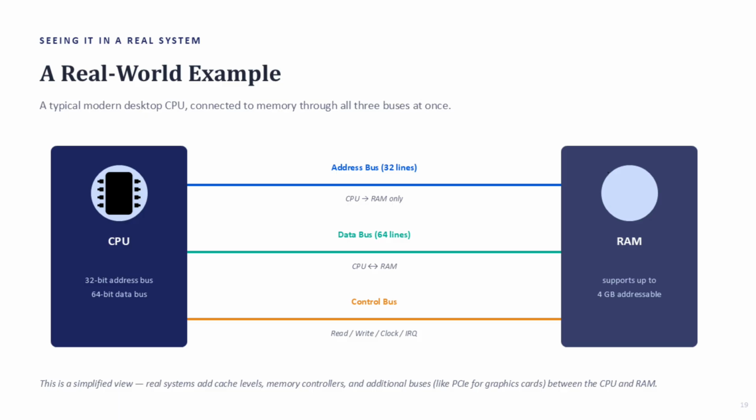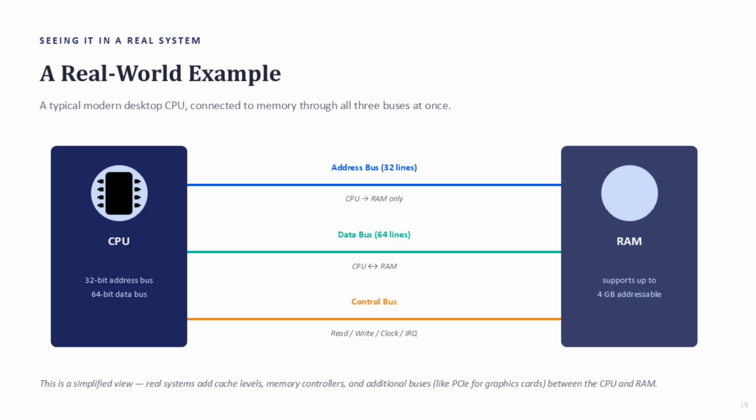Modern processors include multiple levels of cache memory, dedicated memory controllers, and additional communication technologies such as PCI Express, commonly known as PCIe, for connecting high-speed devices like graphic cards. However, despite these additional technologies, the fundamental ideas you have learned today remain exactly the same.